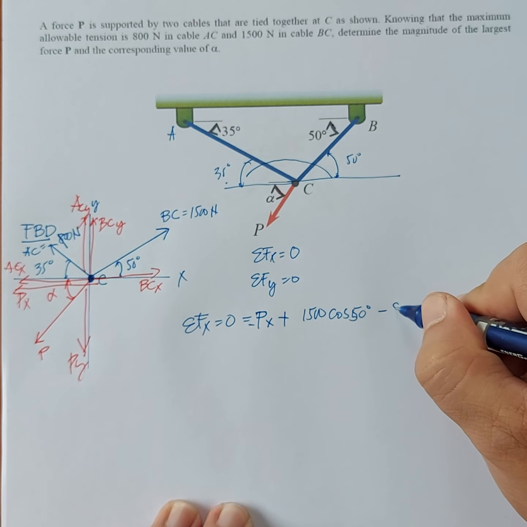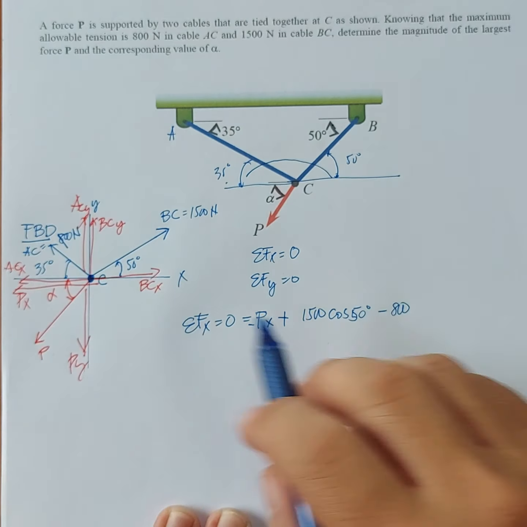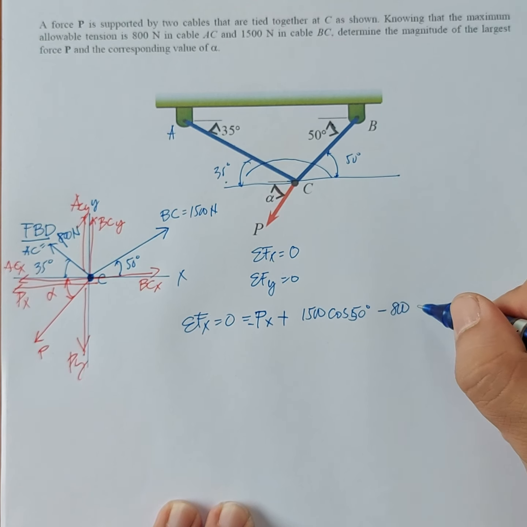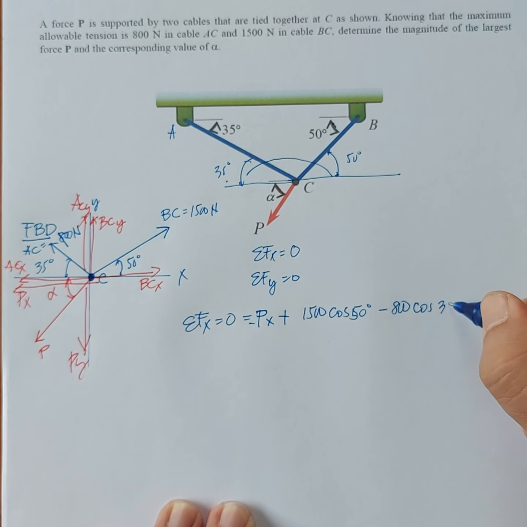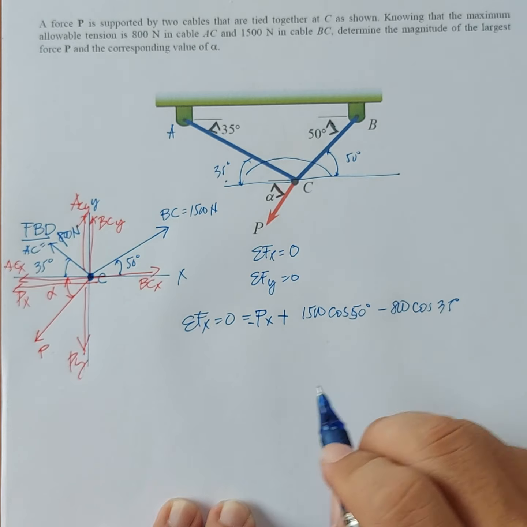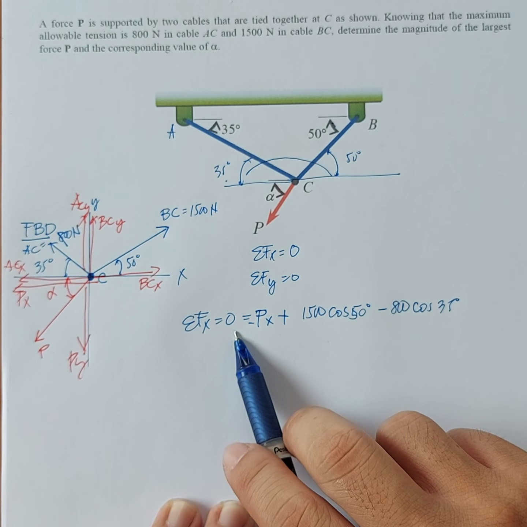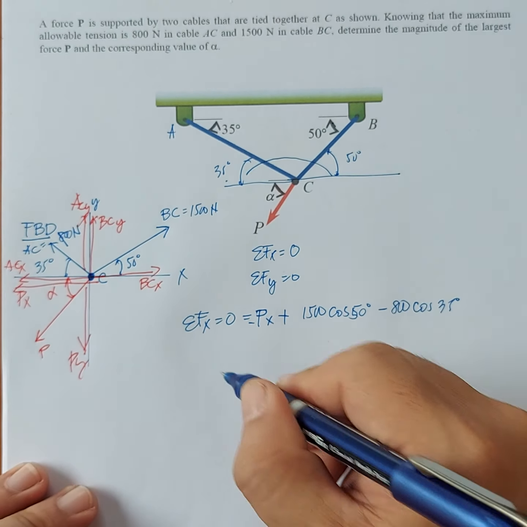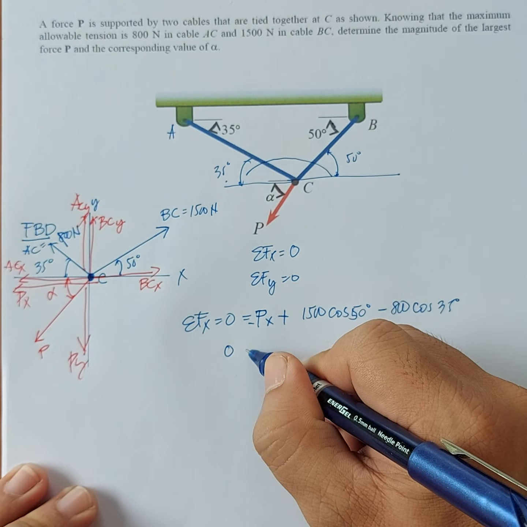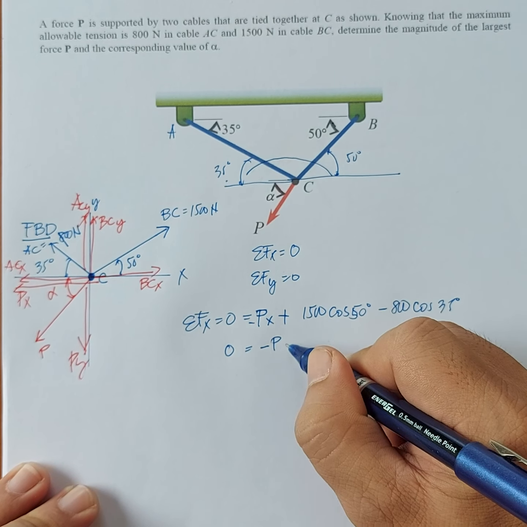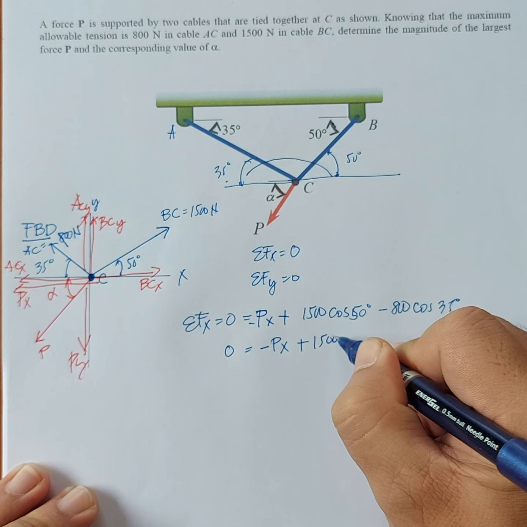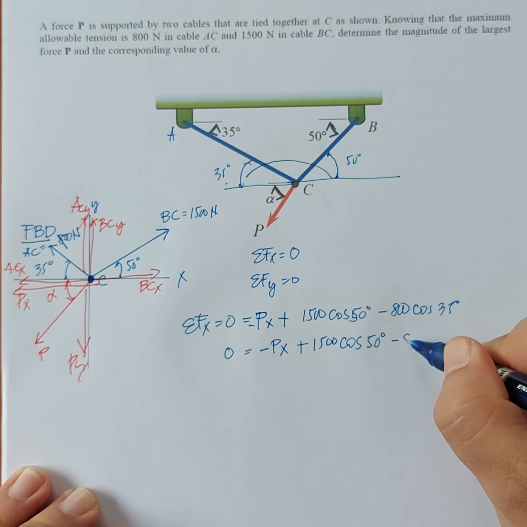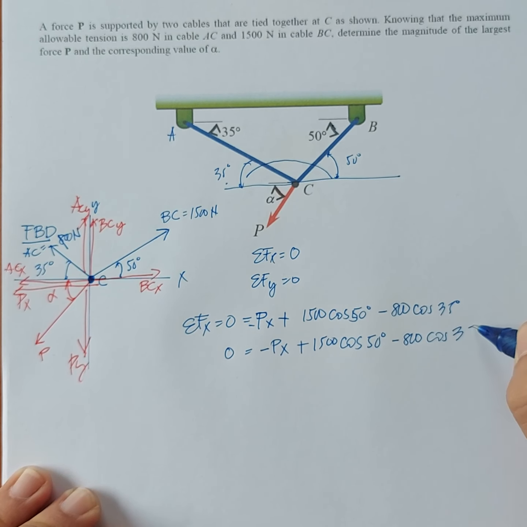So, minus 800 adjacent side ng 35 degrees na angle natin. So, that's cosine 35 degrees. That should be equal to 0. So, 0 is equal to, i-rewrite lang natin, minus PX plus 1,500 cosine 50 degrees minus 800 cosine of 35 degrees.